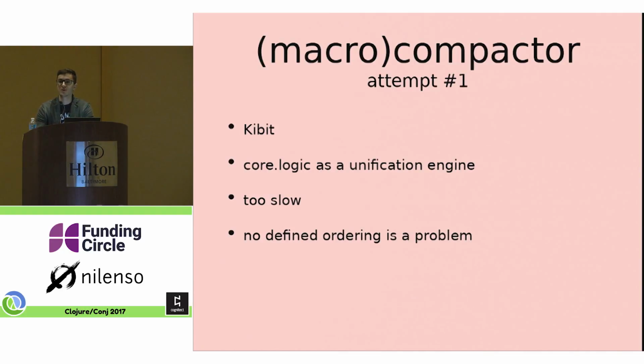So it wasn't really viable. And on top of this, by using core logic, we lose the ordering guarantees because it's a relational engine. And it turns out that we actually need ordering guarantees because macro expansion is defined in a specific order, and we need to undo it in exactly the reverse order.